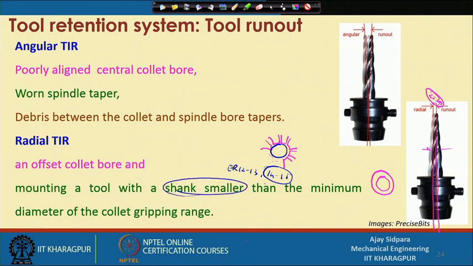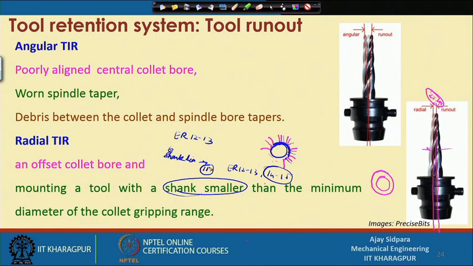Now if you are using ER 12, 13 and a shank diameter of, consider, 11 or something, what is happening in this case? Your tool is gripped by only a few of these supports, and it is not matching at the center.